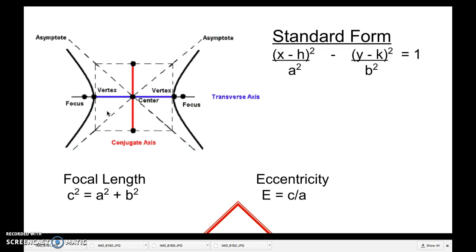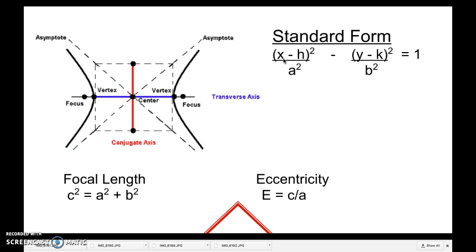How we determine that is by looking at the left side here: one part's positive and the other part is negative, and they're combined using that negative. Whichever part is positive, in this case the part that contains the x variable, tells me that the hyperbola will be drawn parallel or along the x-axis, which is horizontal.